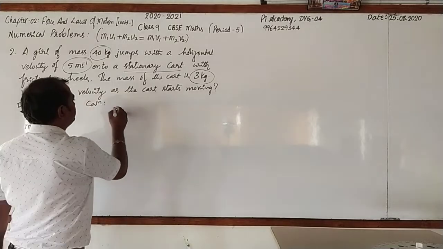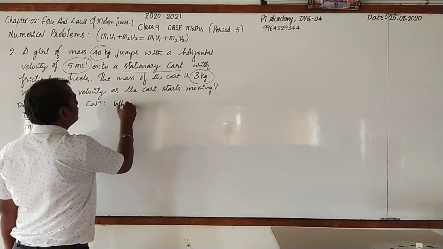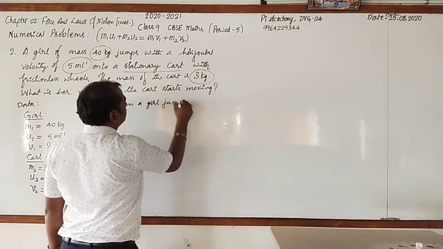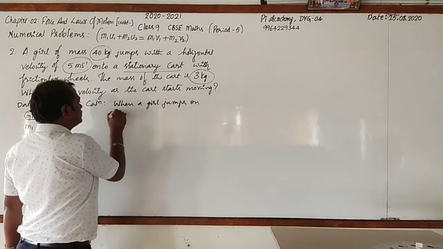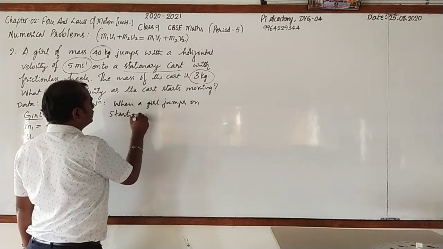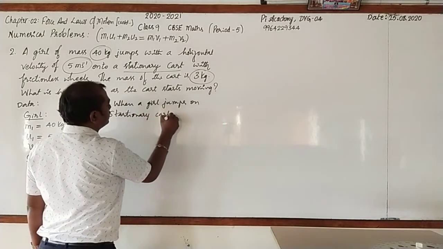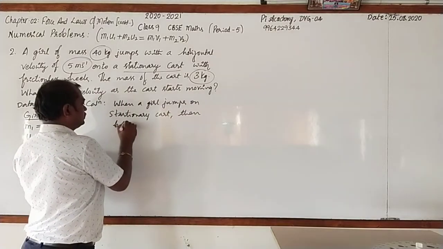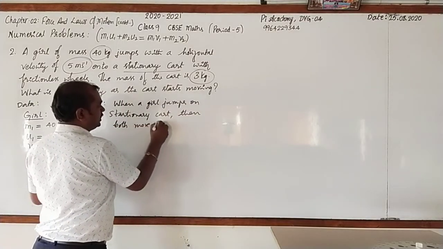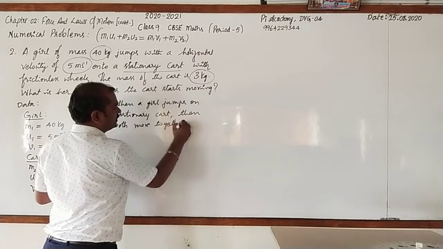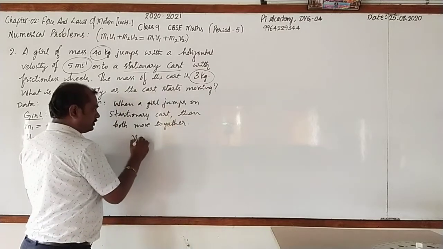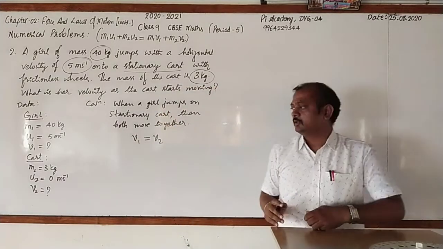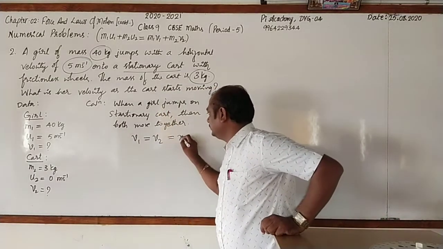Here I'll write: when a girl jumps on a stationary cart, then both move together. Can we write so? Yes. If it is so, then can we write V1 is equal to V2? Certain. You may call this as X.